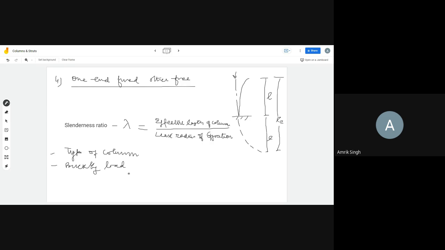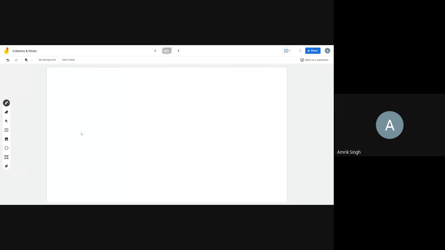So what are the different shapes of the columns we use? Shape of column. So we use a box shape. First one is this, so it is a box shape.